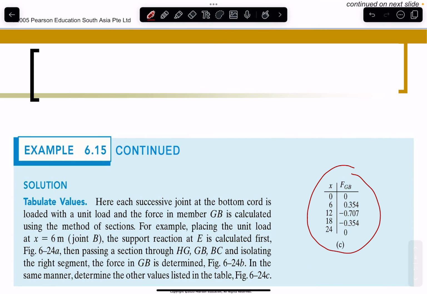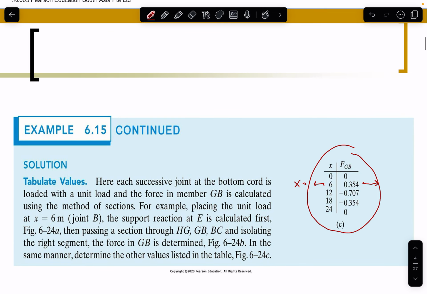So you can see here, by putting the 1 unit force at x equal to 6 meters, or at joint B. This is joint B, this is joint A, this is joint C, D and E. So you move from A to B, then to C, D and E. For each load you need to calculate the FGB.